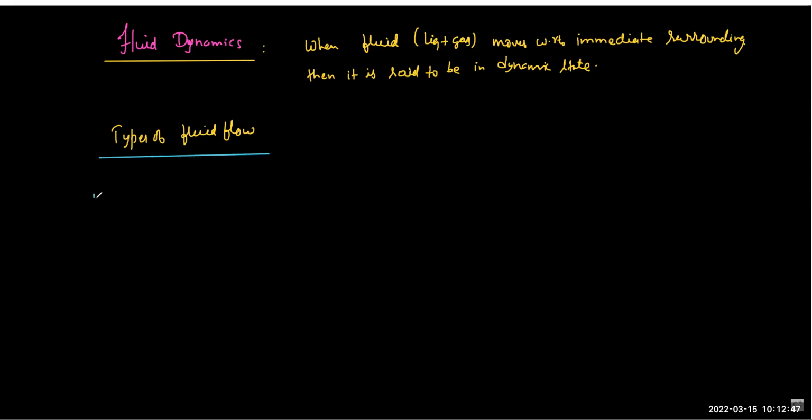There are two types of fluid flow. First is called streamline, also called laminar, and second is called turbulent.